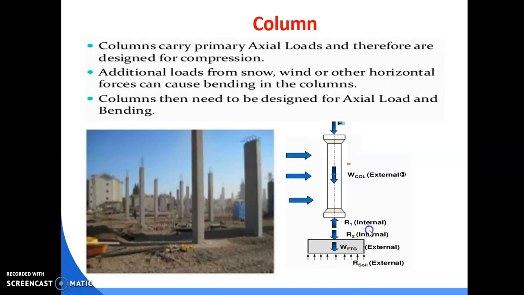R1 and R2 are the internal stresses. R1 is the internal stress in the column, and R2 is the internal stress in the soil. So whatever amount of load is applied over the column should be reacted by the soil material and also the material of the column.